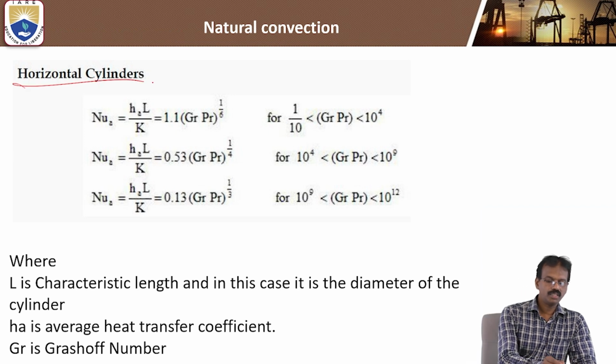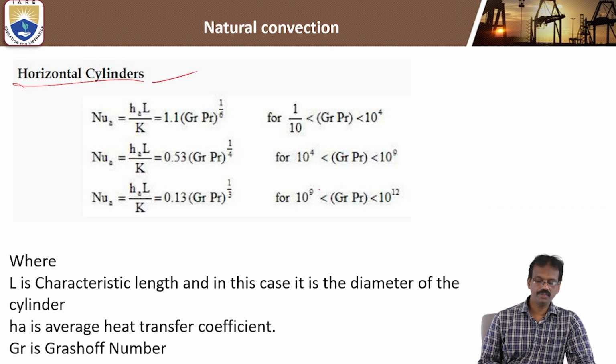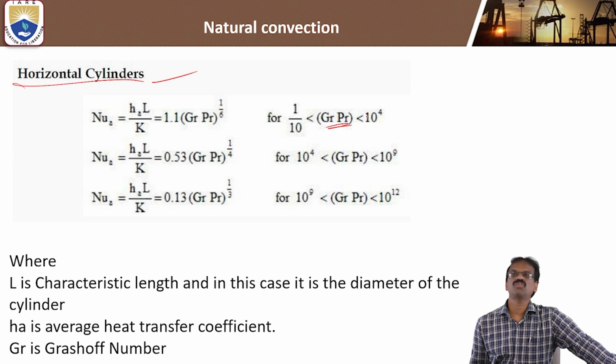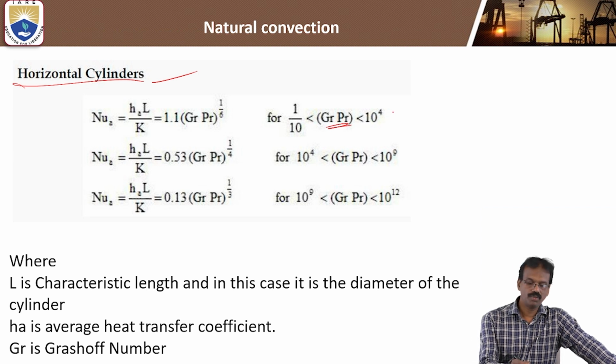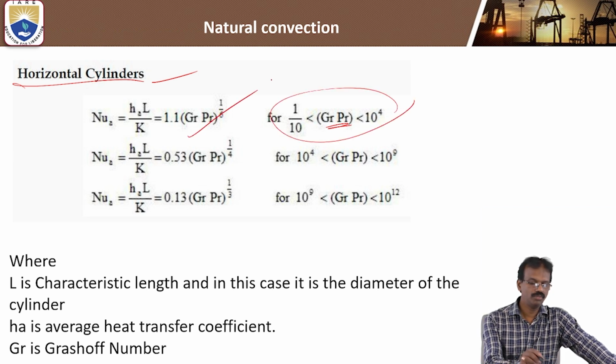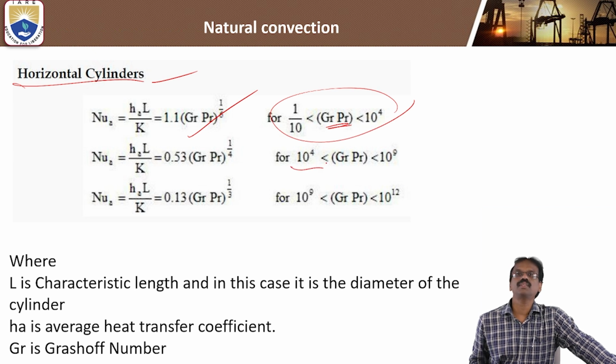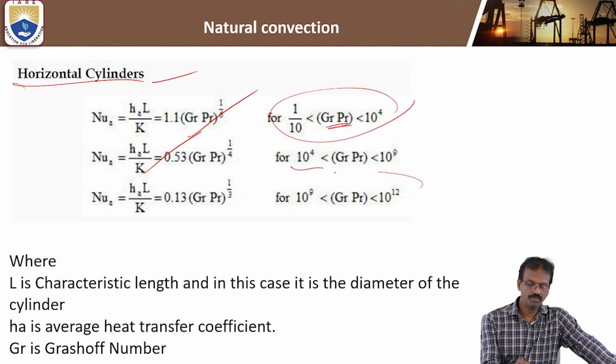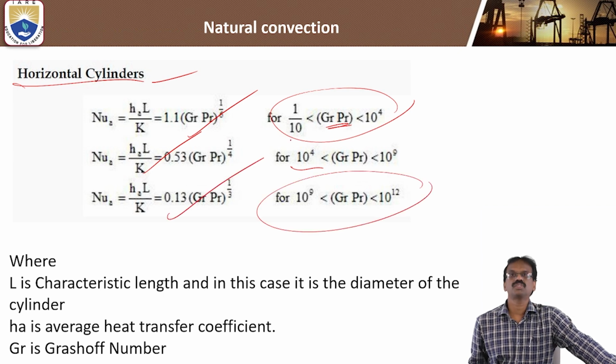So for the horizontal cylinders, these are the formulas you can take. If the GRPR value is in between 10 to the power of minus 10 and 10 to the power of 4, then you can choose this formula. In between 10 to the power of 4 and 10 to the power of 9, you can choose this formula. 10 to the power of 9 to 10 to the power of 12, you can choose this formula.